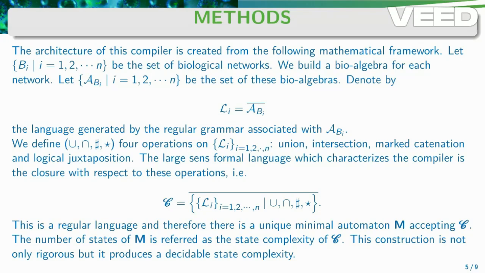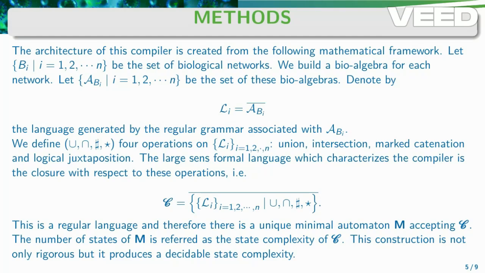We have the regular grammars associated with these bioalgebras. We have the languages generated by these regular grammars. And we define four operations: union, intersection, Markov concatenation, and logical juxtaposition. After that, we have the compiler seen via the large-sense formal language characterizing it, which is the closure with respect to these operations.